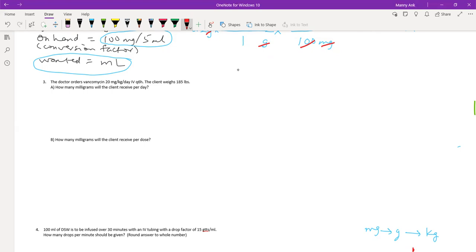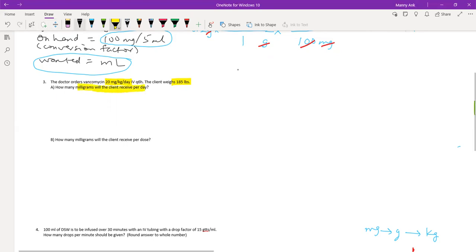So the key information: this is the order, Q 6 hours means every 6 hours. The client weighs 185 pounds, very important information. And we want to calculate how many milligrams the client will receive per day. These are key statements.